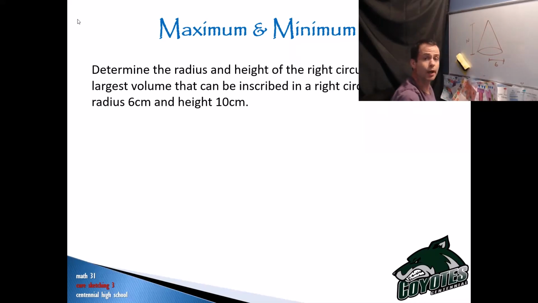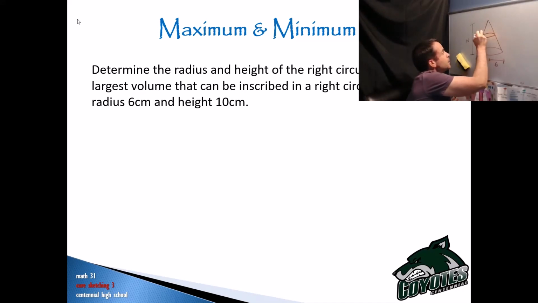Okay. And then what I want to do is I want to inscribe a cylinder inside this cone. Now, when I inscribe, the word inscribe means that the edges of one thing are aligned with the edges of the outer guy. So maybe it looks something like this.